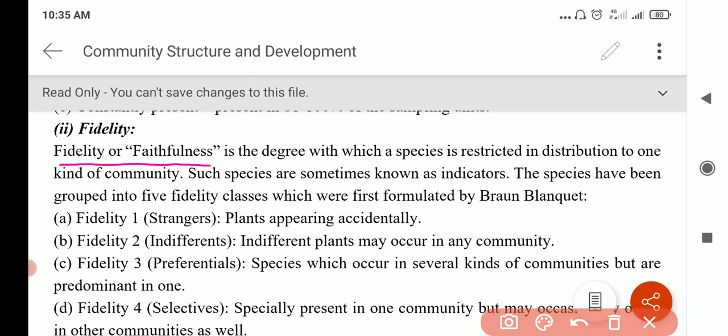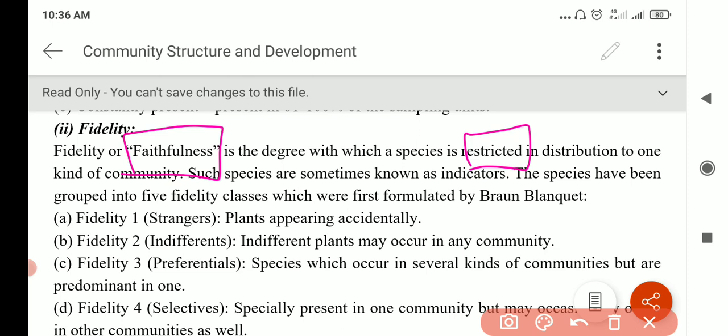Fidelity or faithfulness is the degree in which a species is restricted in distribution to one kind of community. The key words here are faithfulness and restricted. It has to be faithful to the community where it is from.